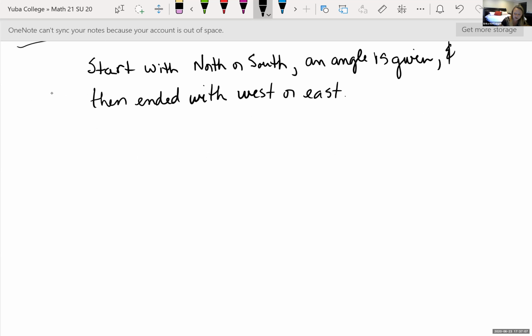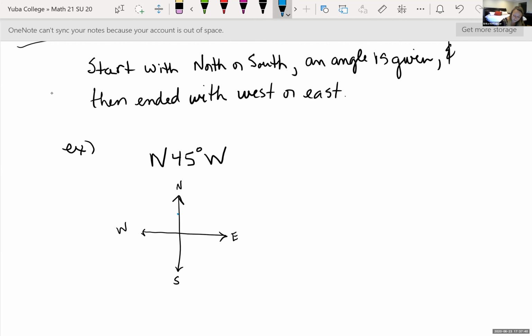So for example, if it said go north 45 degrees west, it starts with the direction, so that tells me I'm starting on my north line, and I go in my west direction 45 degrees.